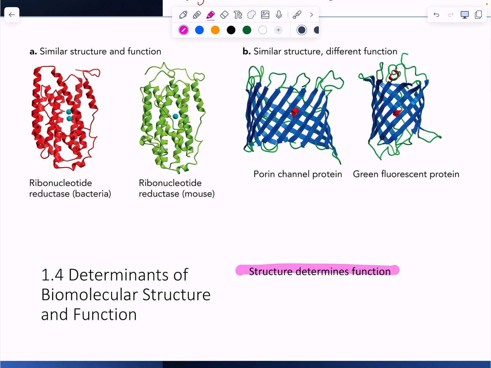We can have two molecules like those shown on the left. They have a similar structure, and they have a similar function. So we have two molecules from different organisms. One's from a mouse, the other is from a bacteria. The structure looks the same.